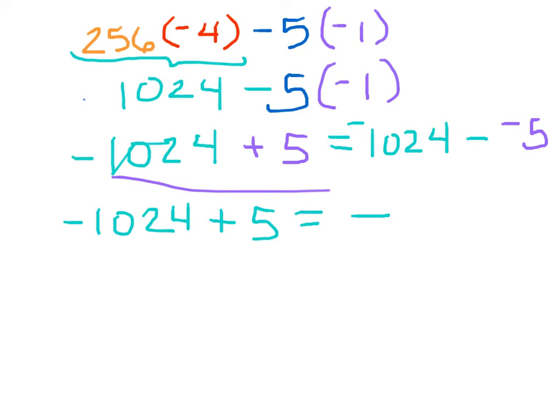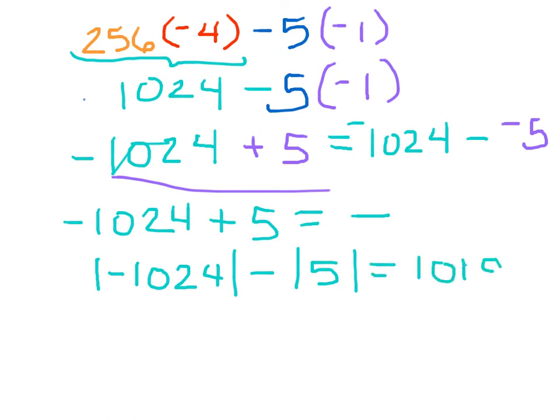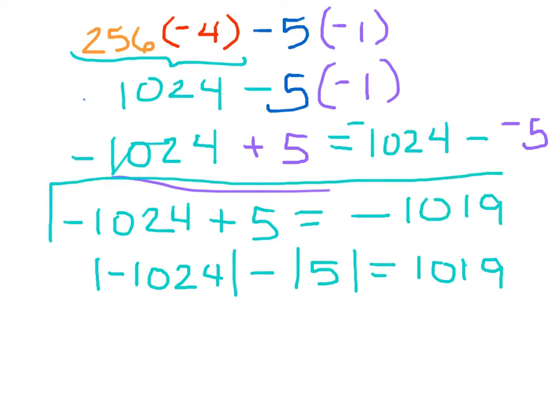So I'm going to take the absolute value of -1024, and subtract from that the absolute value of 5. So I'm going to end up with 1024 minus 5, which is 1019. And so my final answer is -1019. And there's the final step to the problem, right?